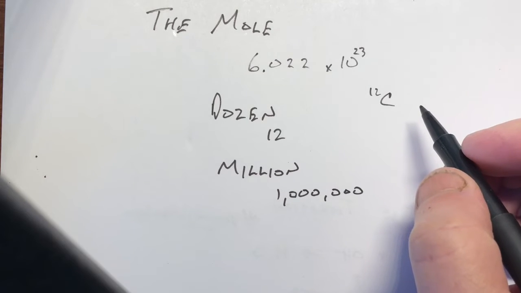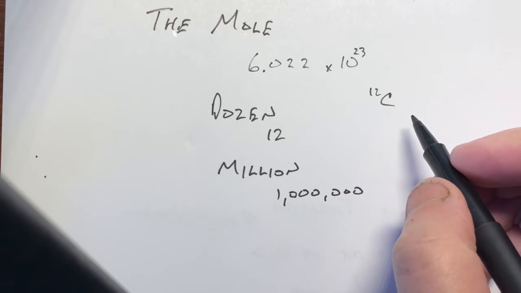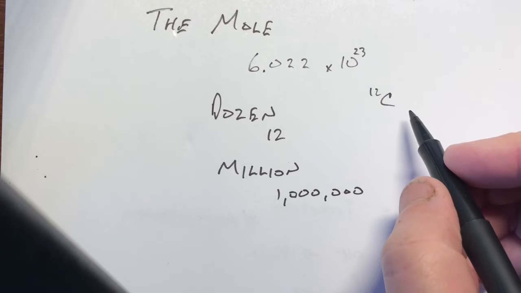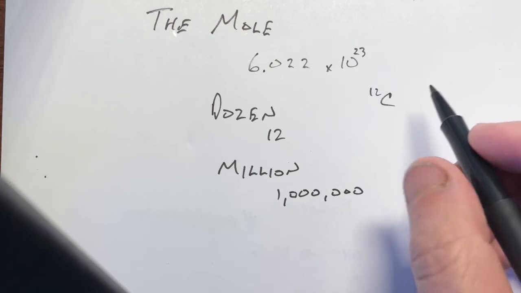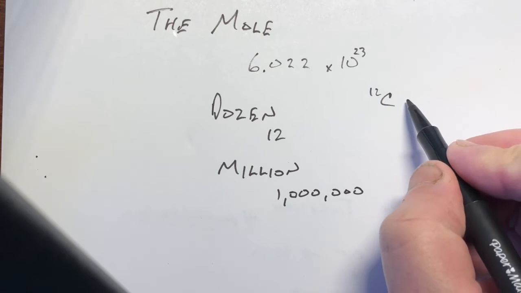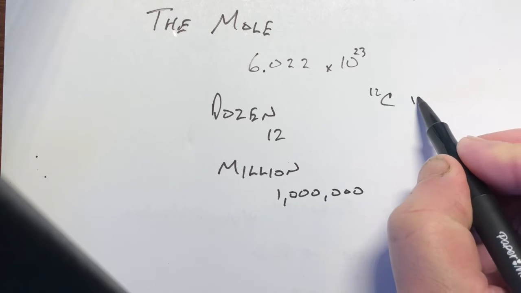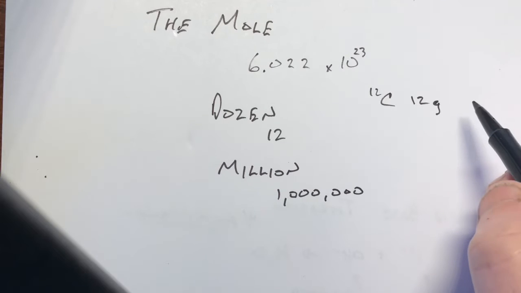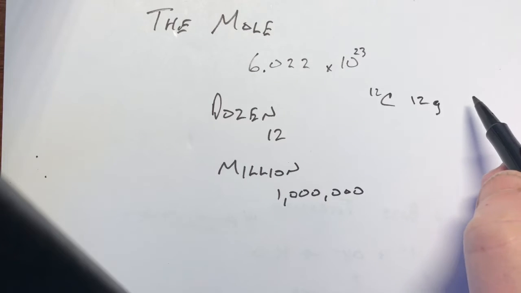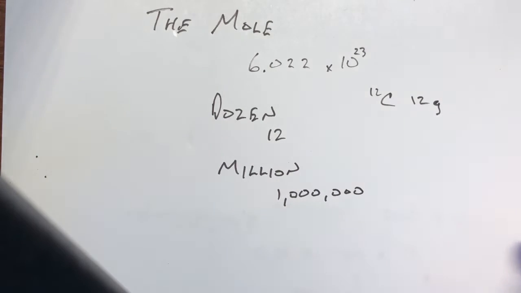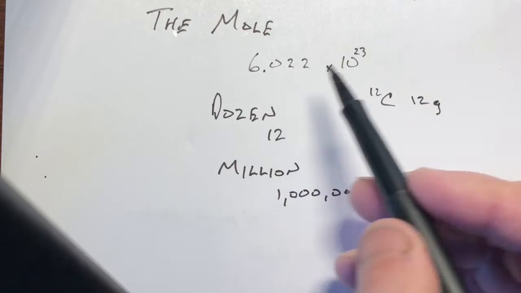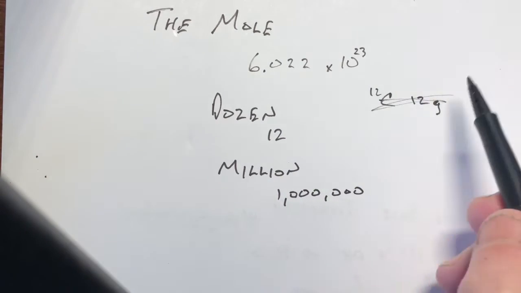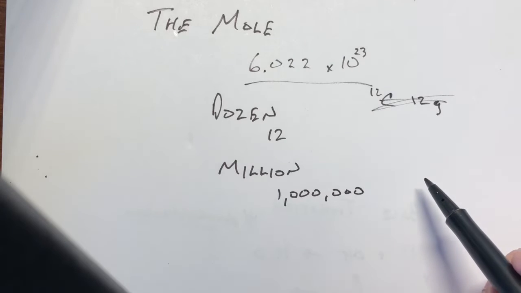It's an isotope of carbon that has 6 protons and 6 neutrons. All carbon has 6 protons, most has 6 neutrons. In any case, if you had 12 grams of carbon-12, the number of carbon atoms is the mole. This actually goes out to as many digits as people can measure, but for our purposes, none of that matters.